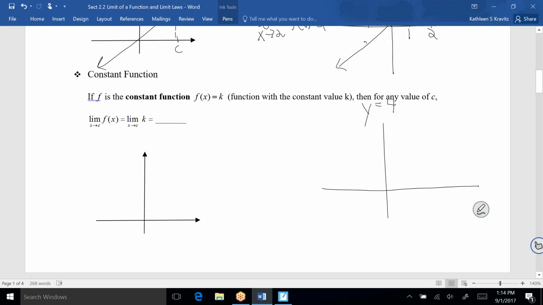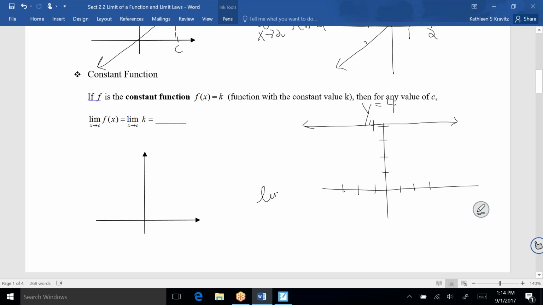So this means that for any value of x, it doesn't matter what the value of x is, the y value is always going to be equal to 4. So it's going to be a horizontal line that goes through 4. So if we were going to look at the limit, we can talk about any value of c.